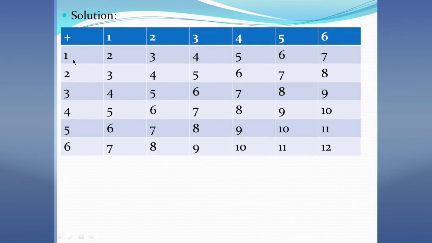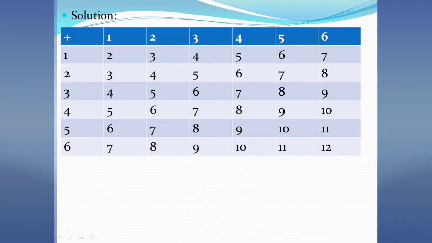So we will use a table. We have the first die, 1, 2, 3, 4, 5, 6, and here the second die, 1, 2, 3, 4, 5, 6. Then the sums of tossing a pair of dice are here.